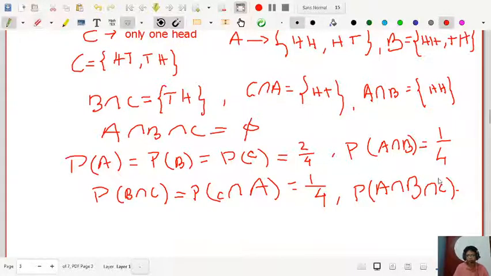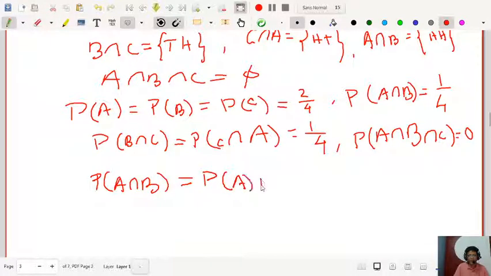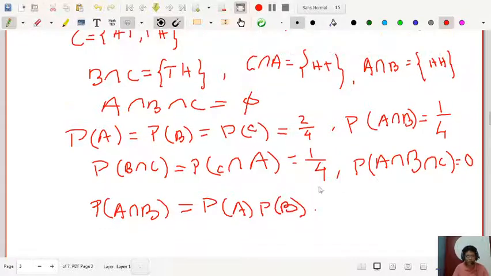Okay. So this is equal to 0. Now you can verify that probability of A intersection B equals probability of A into probability of B, because probability of A is half, probability of B is half, and their product will be 1/4, and probability of A intersection B is 1/4.